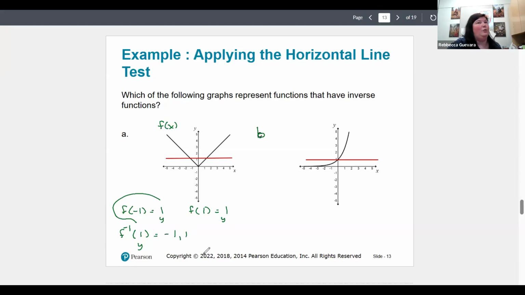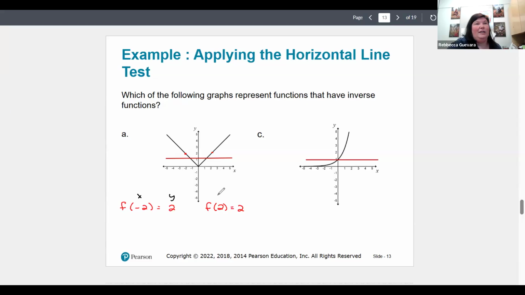It's either -1 or 1. We could do that again, looking at another point. Let's say we look at 2, or -2. f of -2 is going to output 2, and f of 2 will also output 2.